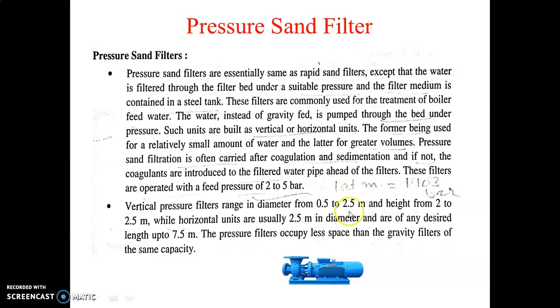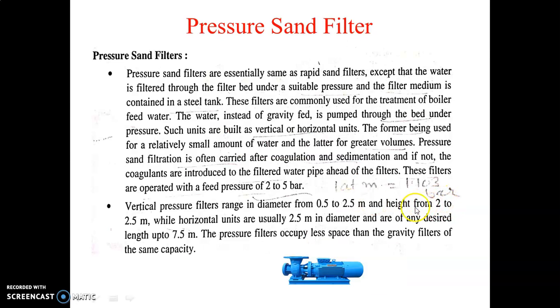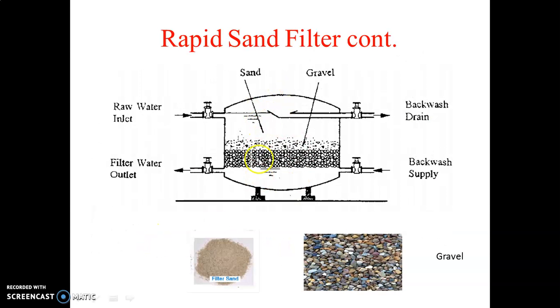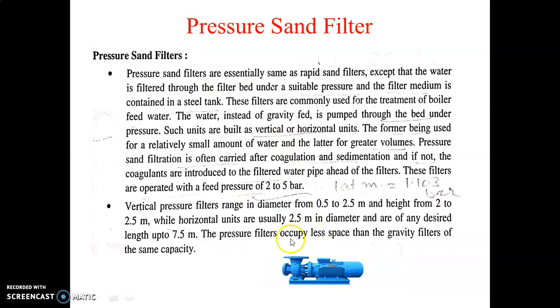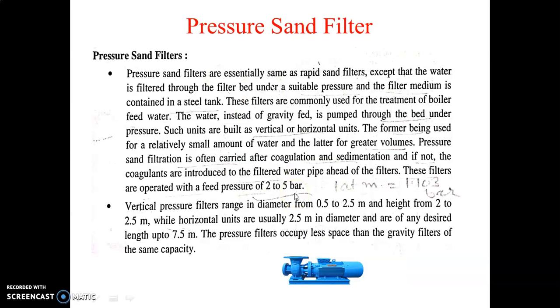They have a diameter of 0.5 to 2.5 meter, and a height of 2 to 2.5 meter is maintained for a pressure sand filter, and this height may be increased up to 7.5 meter.